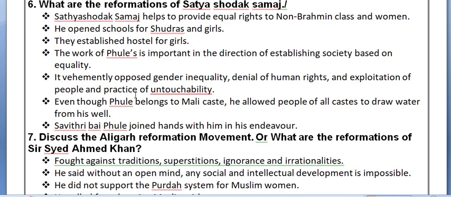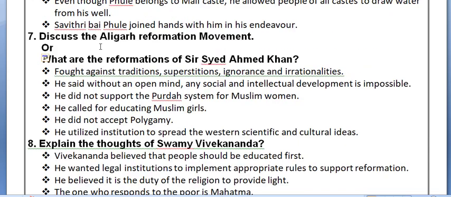He vehemently opposed gender inequality, denial of human rights, exploitation of people and the practice of untouchability. Even though Phule belonged to the Mali caste, he allowed people of all castes to draw water from his well. Savitribai Phule joined hands with him in his endeavor.